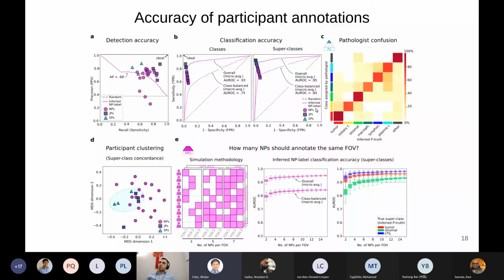The non-pathologists are these circles, and the pathologists are the rectangles, squares, and triangles. So the truth is the inferred truth from pathologists, and these are the individual people. Now we want to see how the non-pathologists are collectively doing. So we now compare our inferred labels from the non-pathologists to the truth from the pathologists.